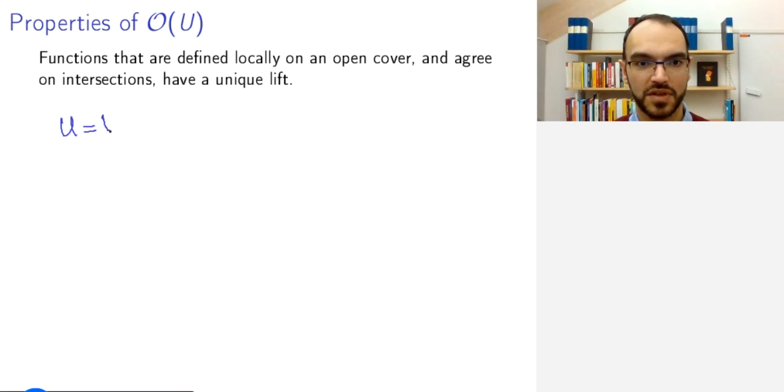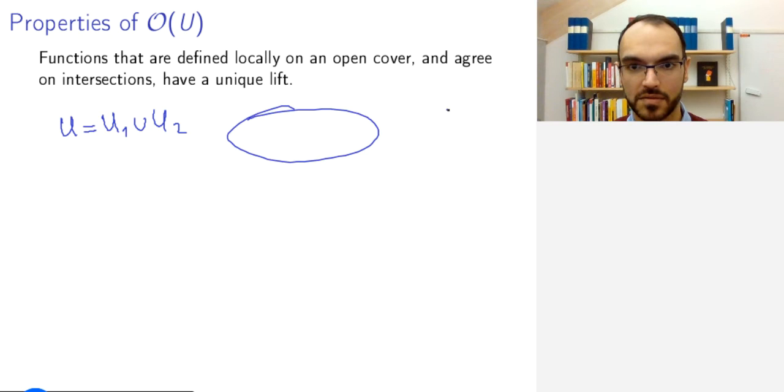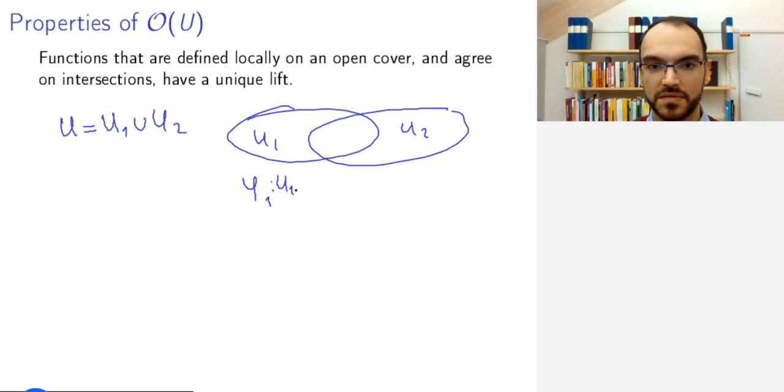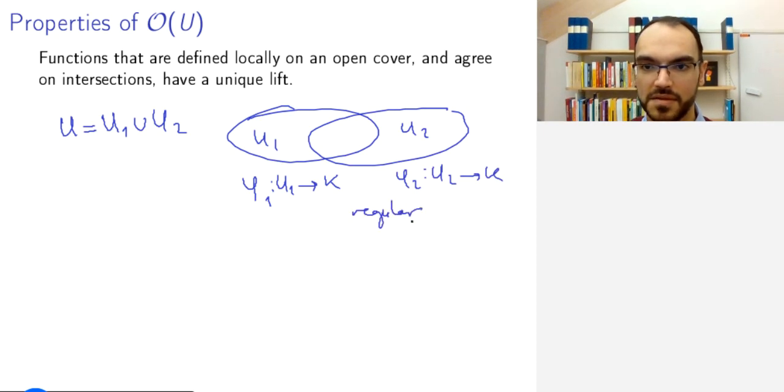Pictorially, if you have U that is the union of two sets, U1, U2, and then you have a function phi1 from U1 to K and a function phi2 from U2 to K. These are regular functions and they agree on the intersection.